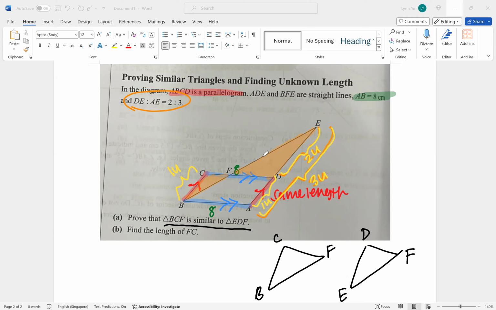What clues do I have? BC is 1 unit. Is that all?